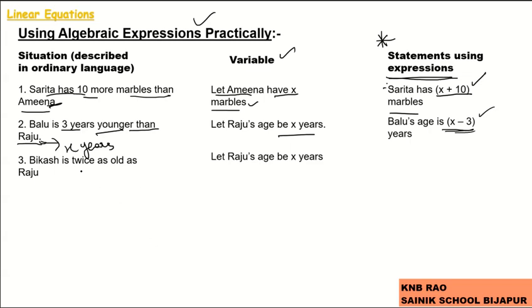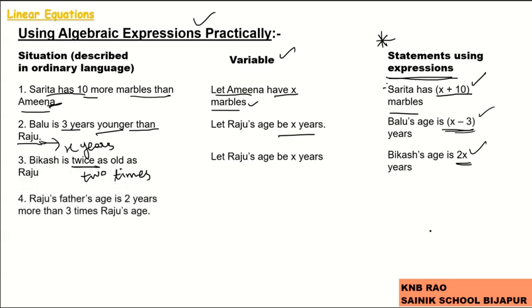Students, here twice is nothing but 2 times. So that means it is 2x. So this is a simple way of converting the given language into a mathematical expression or algebraic expression.